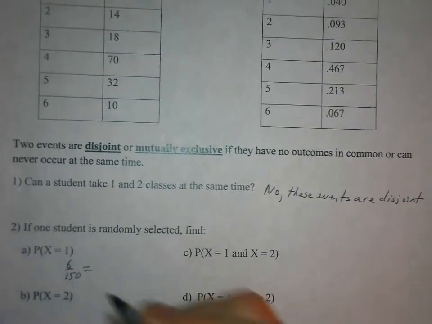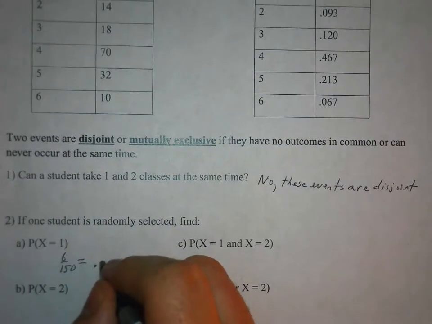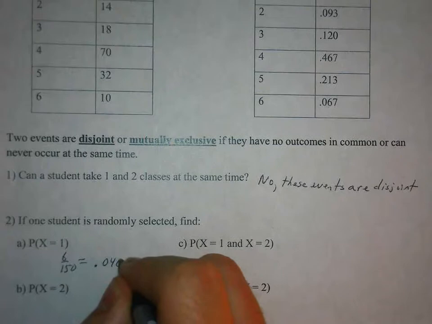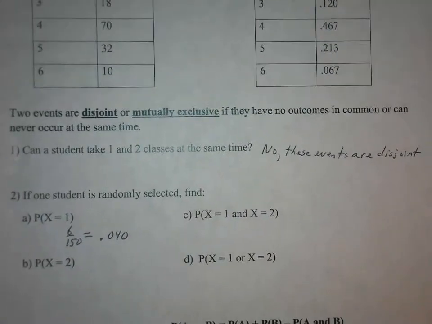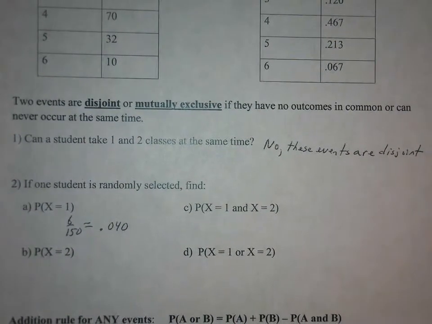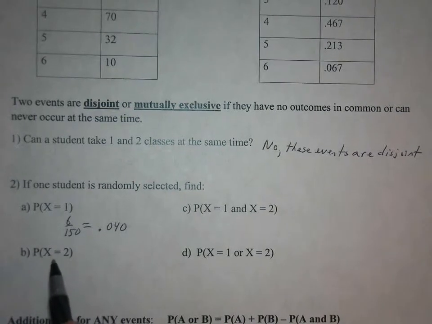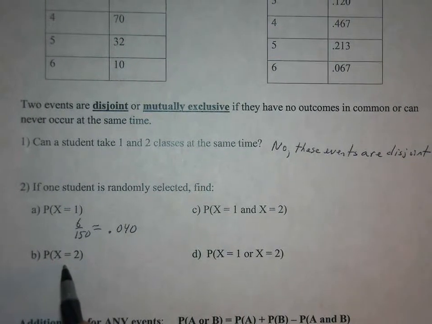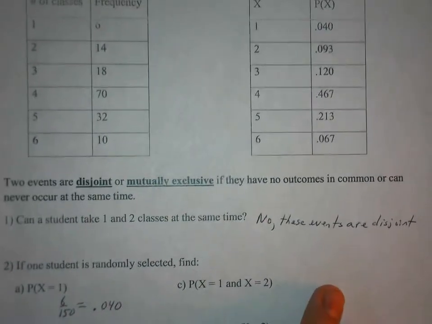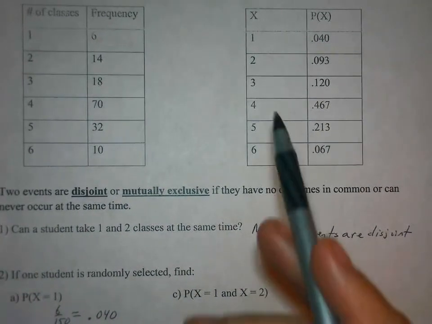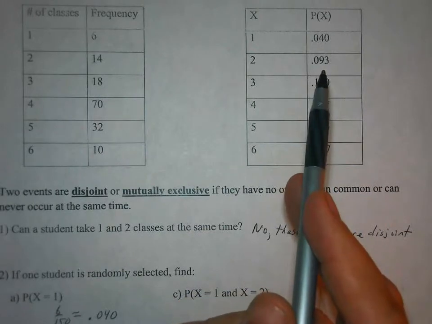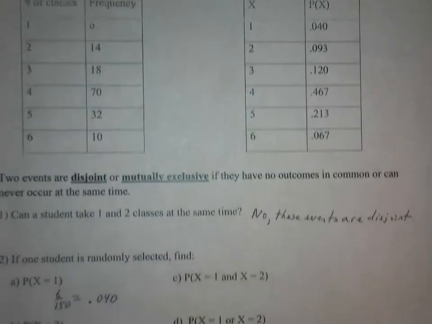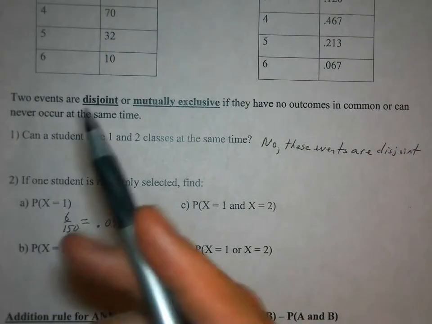That's as a fraction, and then the probability as a decimal will be 0.040. Okay, the probability that x equals 2. So the probability that a student said they're taking 2 classes, well, that's 0.093, which was 14 out of 150.